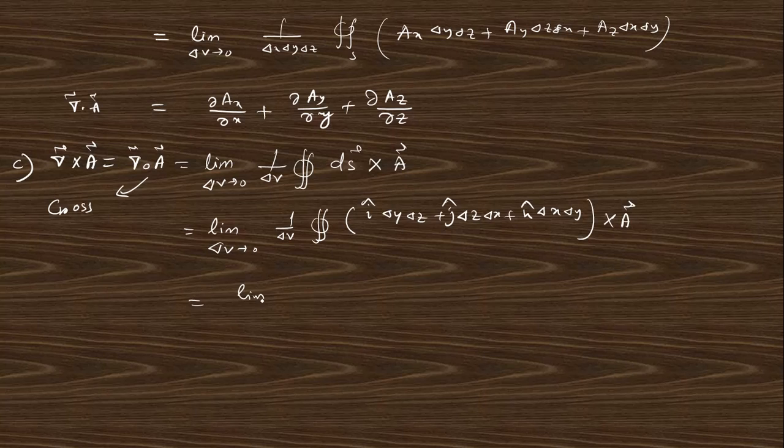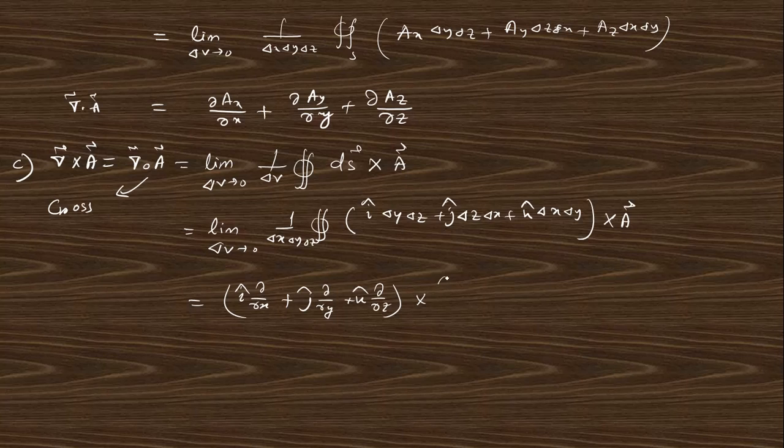So taking the limit delta v tends to 0, this can be written with delta x delta y delta z. So you can see this is i cap del by del x plus j cap del by del y plus k cap del by del z, cross A vector.